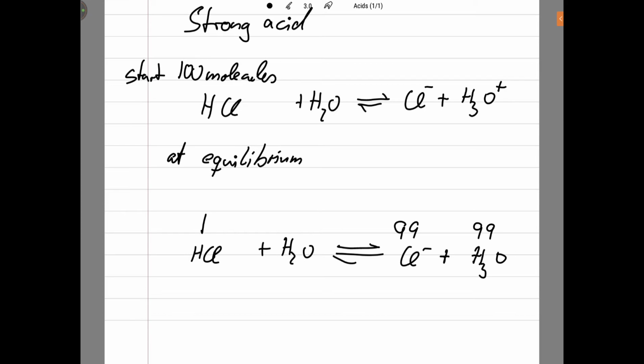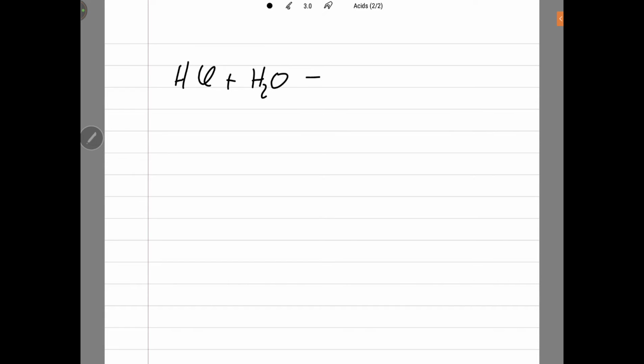In the case of hydrochloric acid, it is probably 99.999999% that have dissociated. And what's quite important is that when we have this reaction, HCl plus water gives Cl minus plus H3O plus, in the case of a very strong acid, we can assume that basically everything of the acid is dissociated.